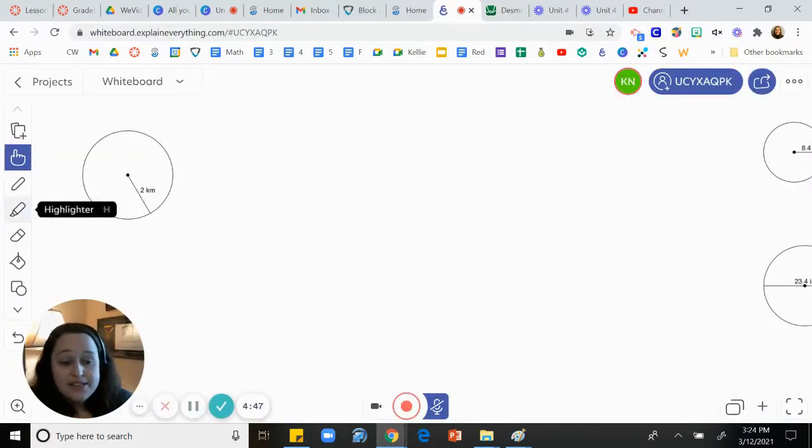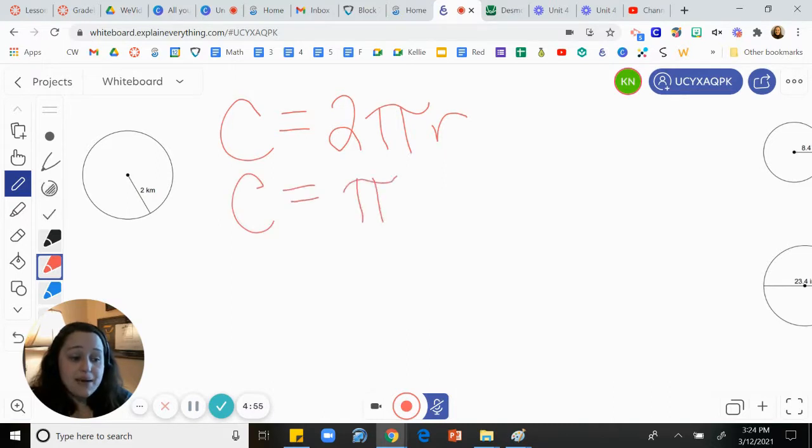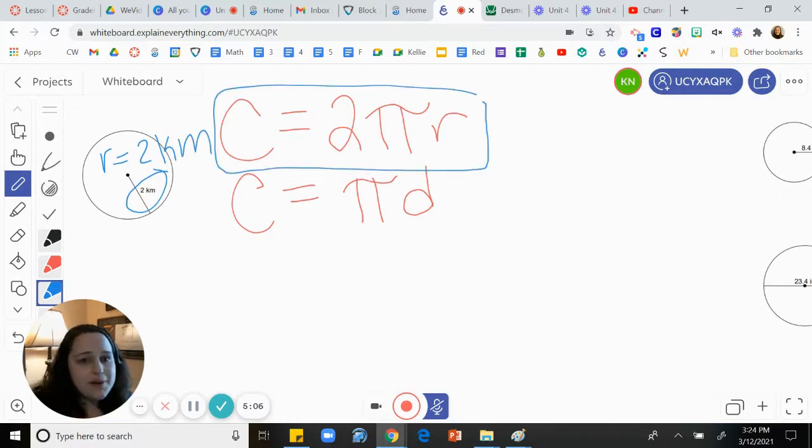Let's try another example. Remember, I can use either of these formulas, circumference equals 2 pi r, or circumference equals pi times the diameter. In this circle, I'm told that the radius is 2 kilometers. So it is going to be helpful to use the first formula. But again, I could figure out the diameter and then use the second formula. I would get the same answer. So circumference equals 2 pi r.